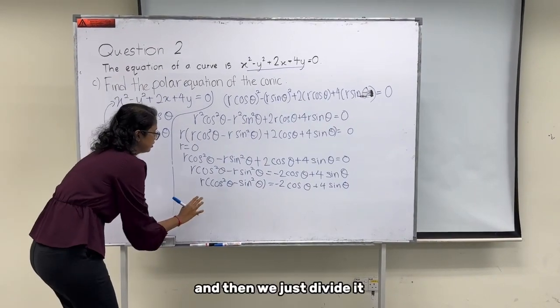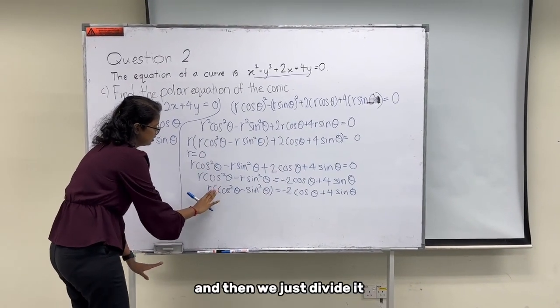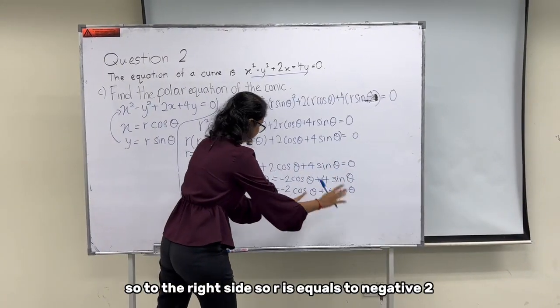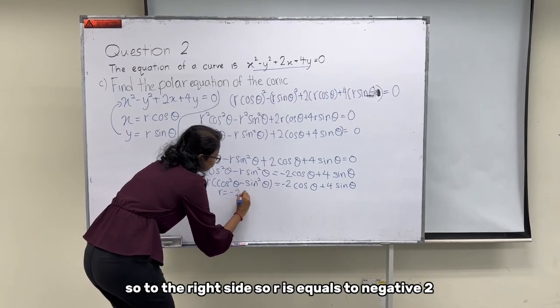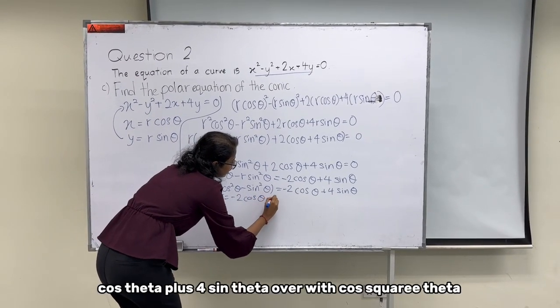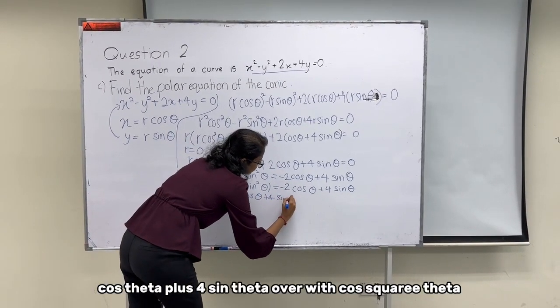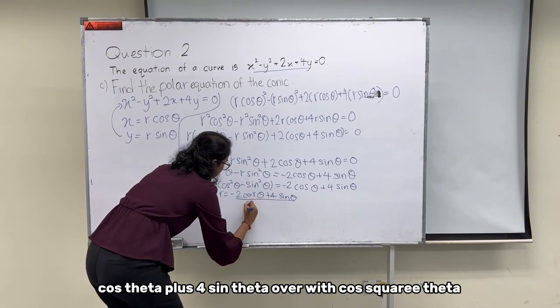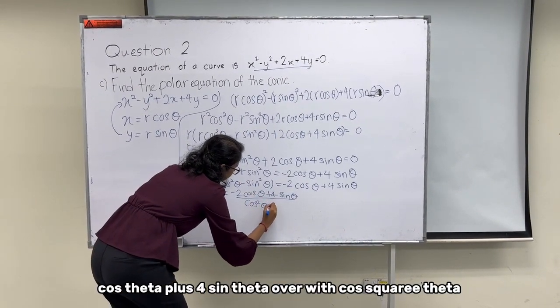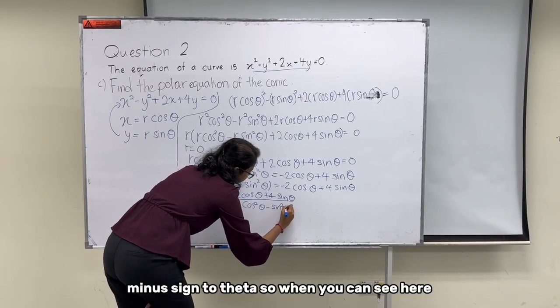And then we just divide it to the right side. So r equals to negative 2 cos theta plus 4 sine theta over cos square theta minus sine square theta.